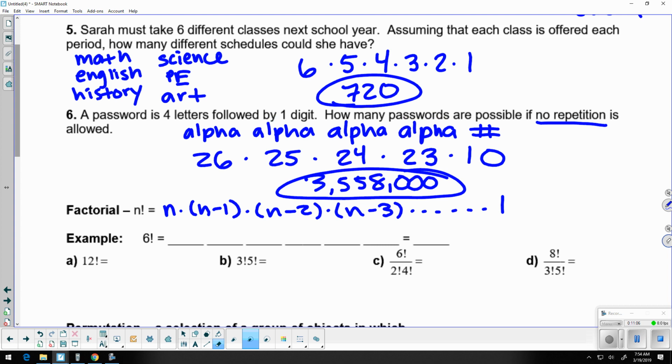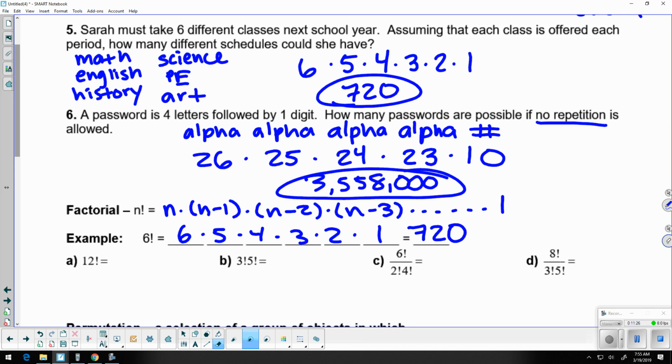You keep multiplying by the previous digit until you get to 1. As an example, what is 6 factorial? We basically just did an example with 5, but 6 factorial will be 6 times 5 times 4 times 3 times 2 times 1, which again we saw to be 720.